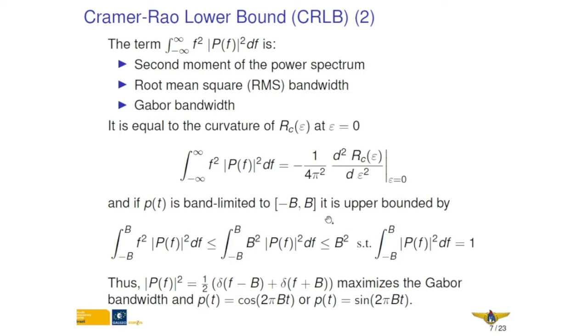The higher the bandwidth of the signal, in principle, the lower the variance of the time delay estimation error. The ultimate maximum Gabor bandwidth is reached if we distribute all the power of our chip pulse shape in 2 Dirac pulses at the band edge. This maximizes the second moment of the power spectrum.